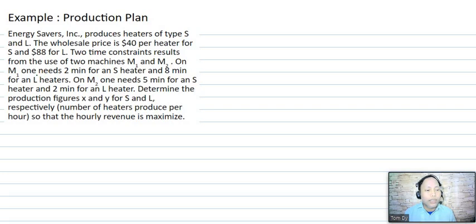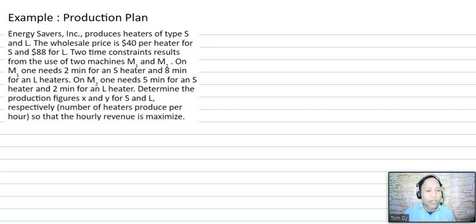On M1, one needs 2 minutes for an S heater and 8 minutes for an L heater. On M2, one needs 5 minutes for an S heater and 2 minutes for an L heater. Determine the production figures X and Y for S and L, respectively. This denotes the number of heaters produced per hour so that the hourly revenue is maximized.